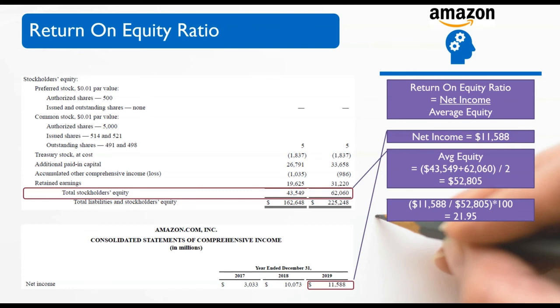Now, when we take the net income of $11.6 billion over this average equity amount of $52.8 billion, we get a return on equity ratio of 21.95.